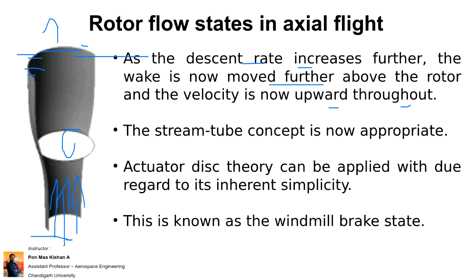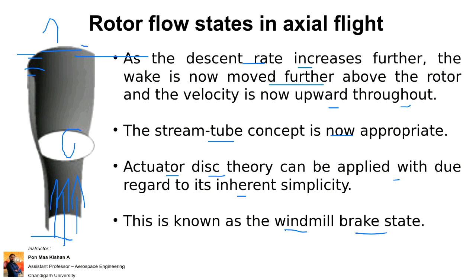So when the wake has moved out of the stream tube, the shape of the stream tube is now appropriate, and the actuator disk theory can be applied with due regard in this particular state. So the momentum theory which we solved in the previous class will be applicable, and this state is called the windmill brake state.